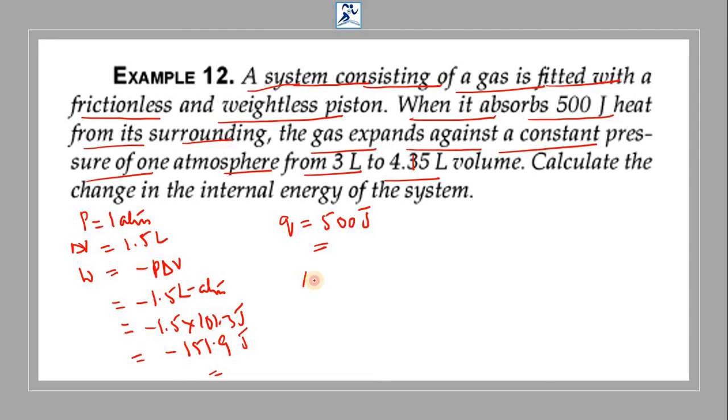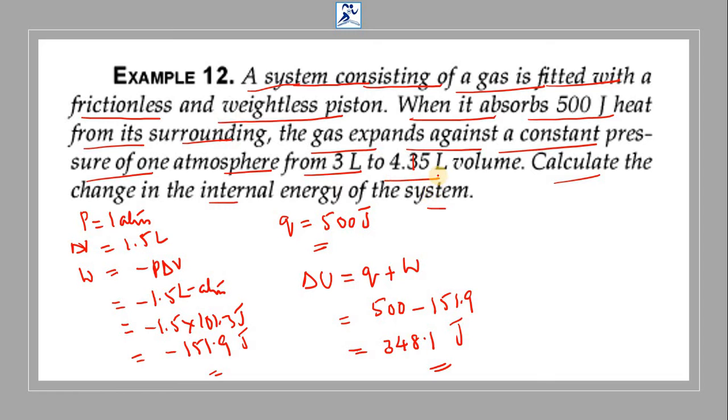So from the first law of thermodynamics, we know internal energy change delta U is equal to Q plus W. And here the work done by the system is minus 151.9 joules. If you substitute, 400 minus 151.9, you will get around 348.1 joules. This 348.1 joules is the answer for this question, the internal energy change of the system.